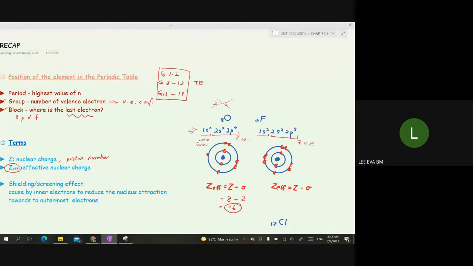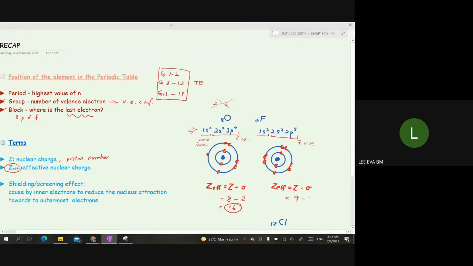If you look at this diagram, my nucleus is in the center, then the first layer has 2 electrons, 1s2, and the outer shell contains your valence electrons. Altogether, I have 7 valence electrons. If I apply the formula to figure out my Z, the Z is the proton number 9, minus the inner electrons represented by this sigma.